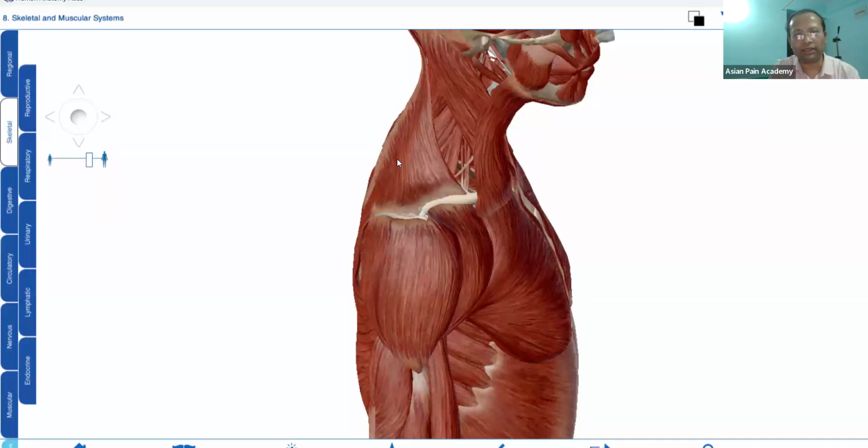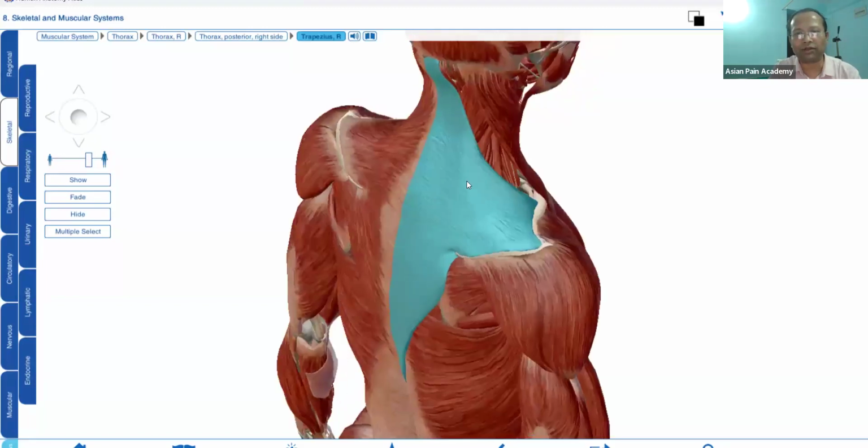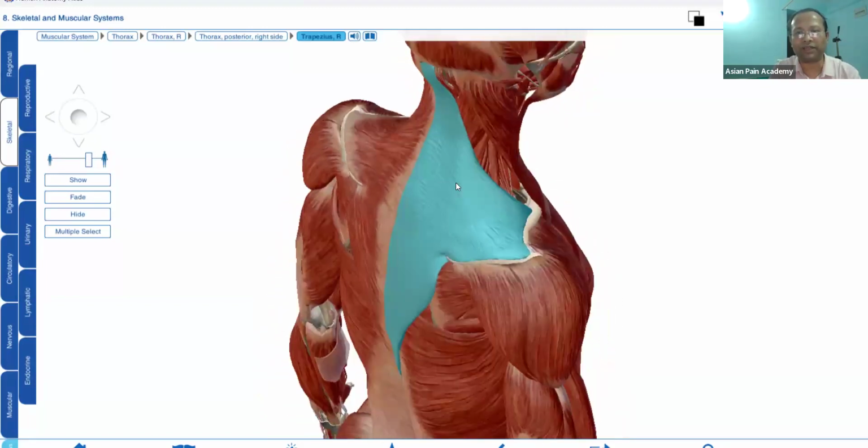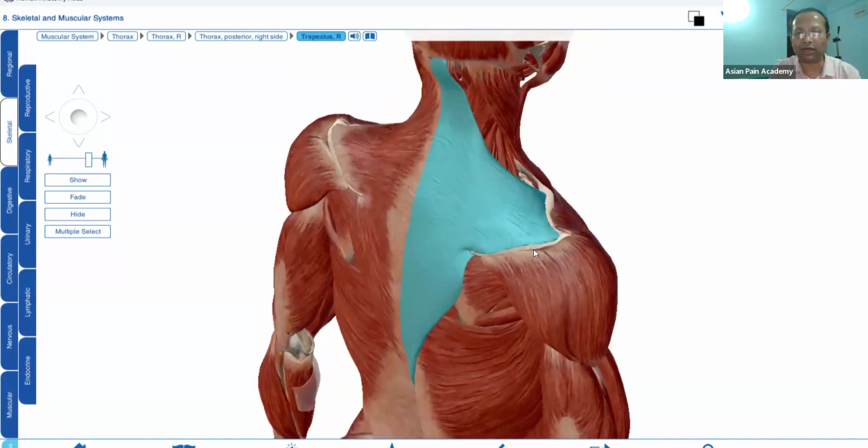So first you see this muscle is nothing but trapezius. Now you see the attachment of trapezius, or borders of trapezius. Here it is the clavicle, the clavicle bone, which is the border of the trapezius. And this side, what is this?